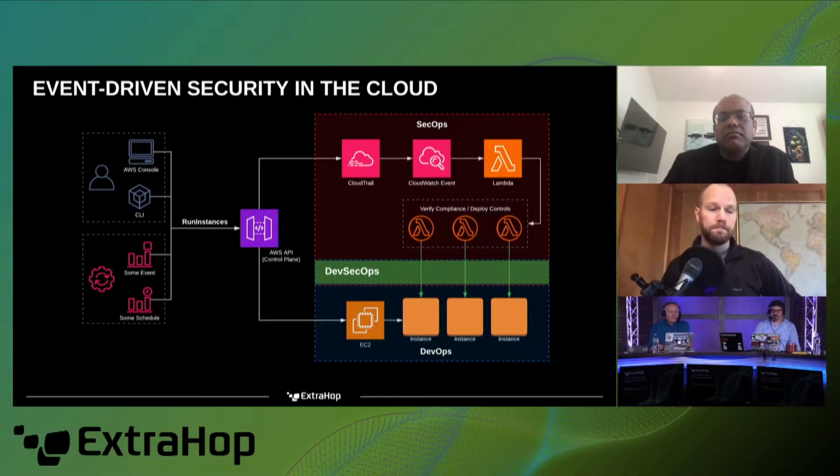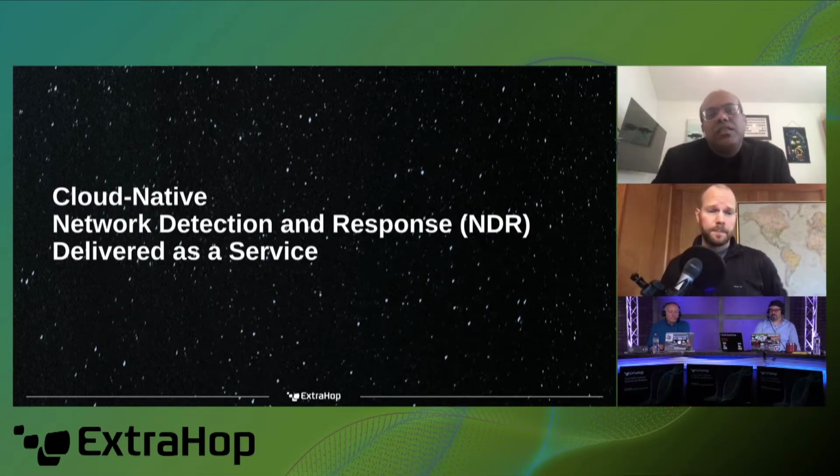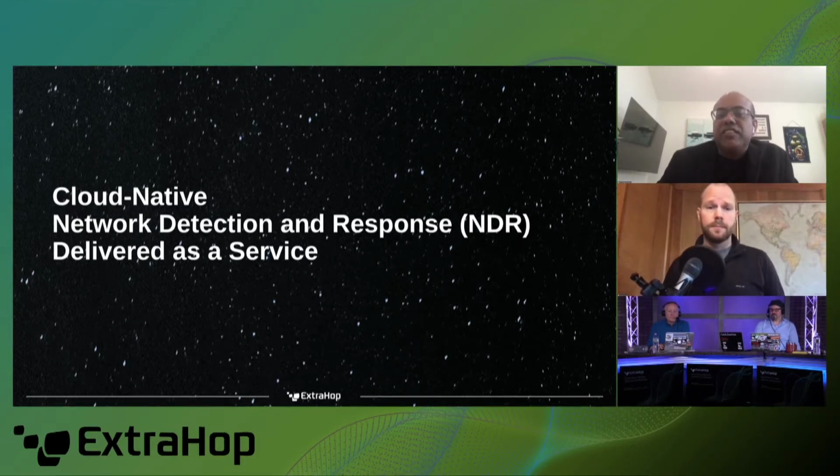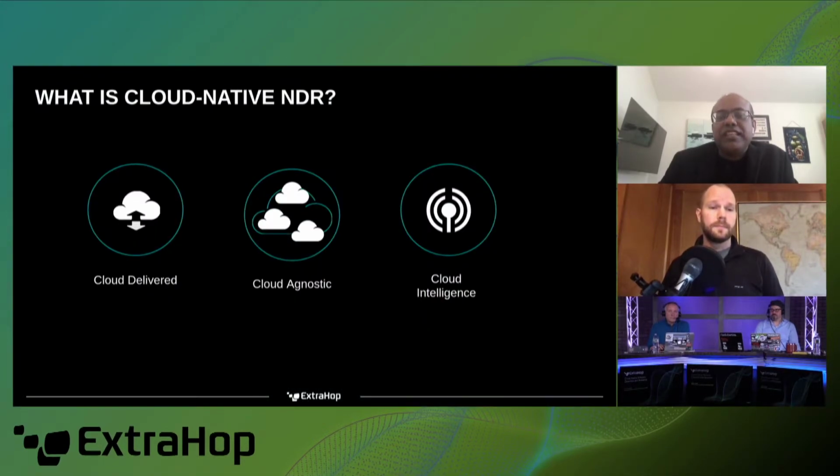Thanks, Sri. Cool. So let's get a little more into cloud native network detection and response, delivered as a service. If you can go to the next slide for me. So what do we mean by cloud native? It's not about just throwing some virtual appliances or virtual sensors in the cloud. It's delivering this as a service. I'll give you guys an example why this matters.